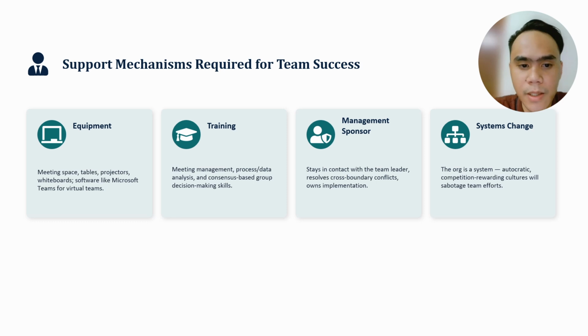Number four is system change. This is a supportive mechanism most likely to be overlooked, and the chapter is blunt about the risk. Setting up a new team in an organization that is not adequately designed for this way of working is, in its words, a prescription for failure. An organization is a system, meaning changing one part affects the other parts.